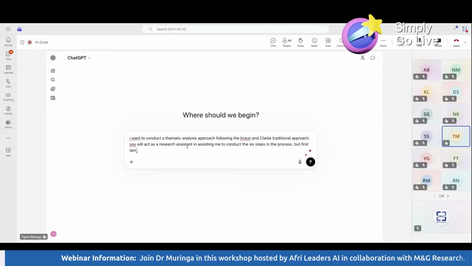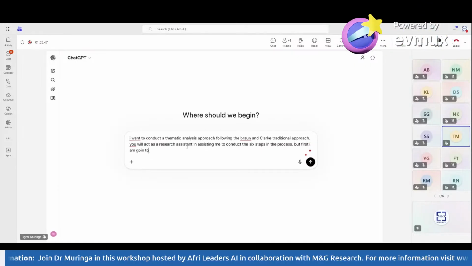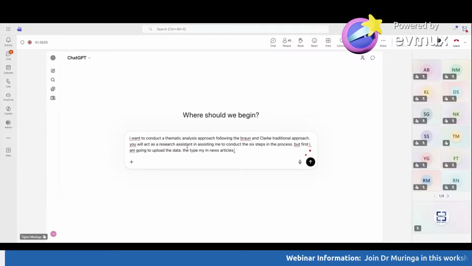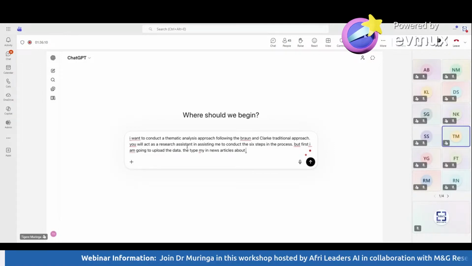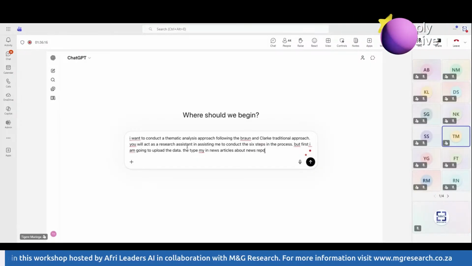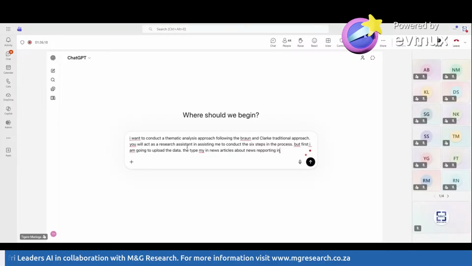I am going to upload the data. And the type of my data, I need to explain that the type of my data is news articles, right? About news reporting on, then I'm giving it context.